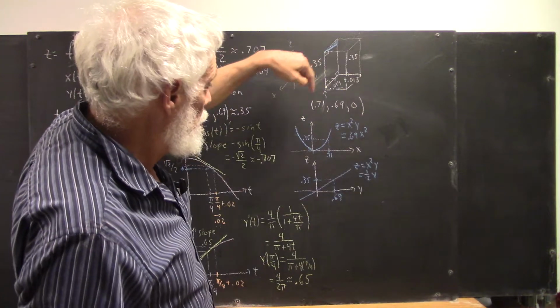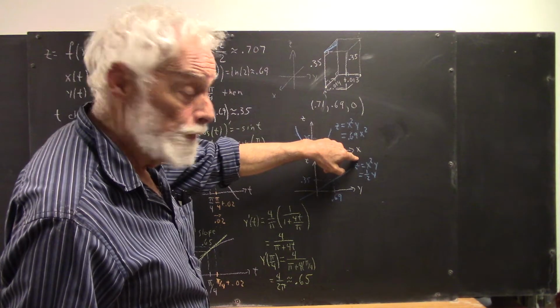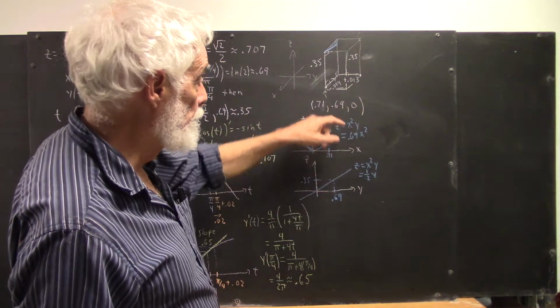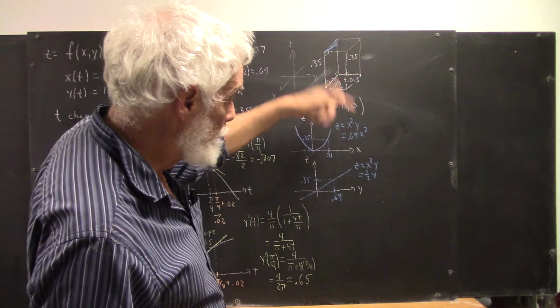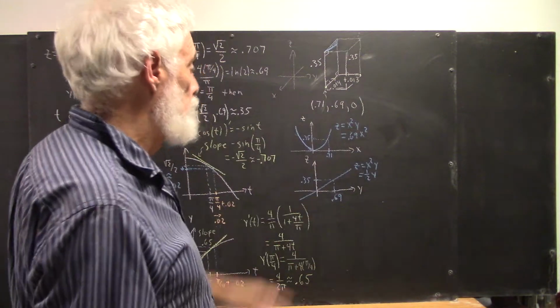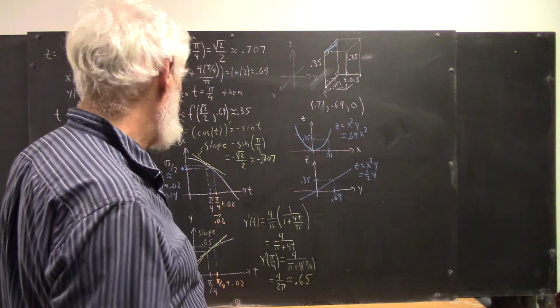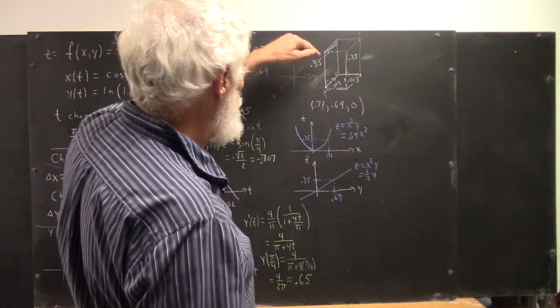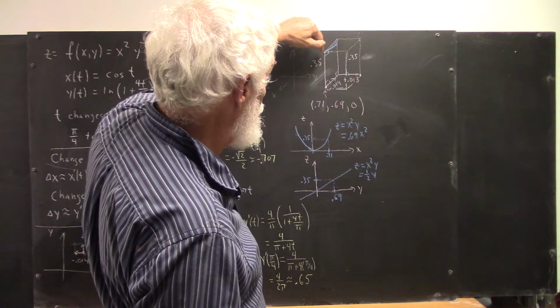The z versus x graph in this plane, y being 0.69, is z equals x squared y, which is 0.69 x squared. So this is our function in this plane. I've sketched a bit of the graph of that function.